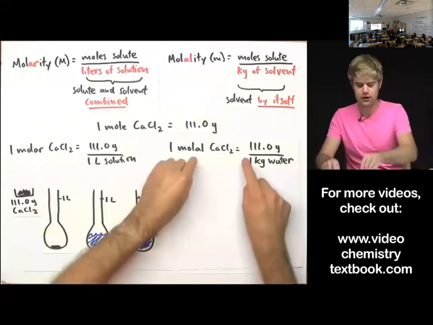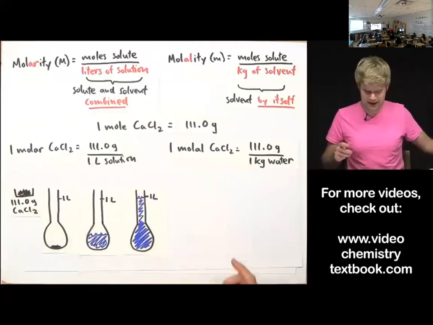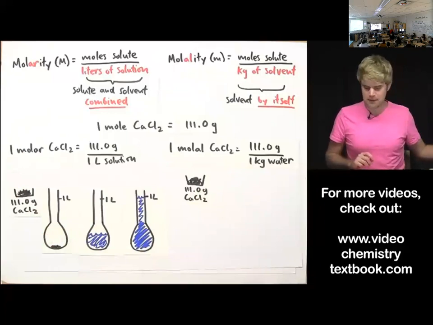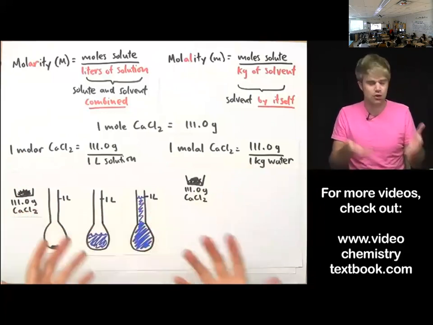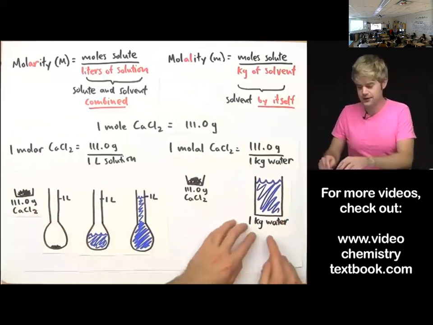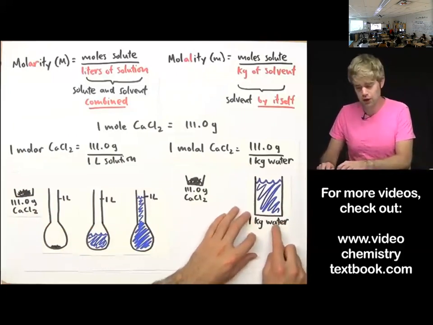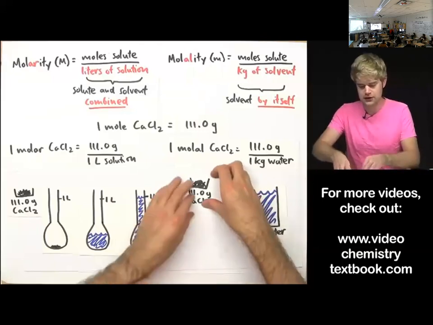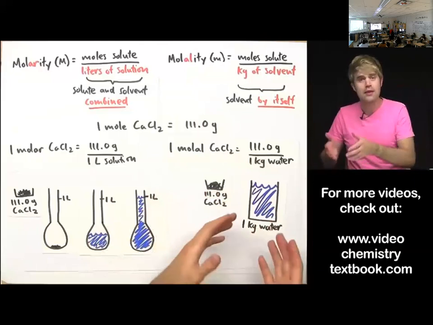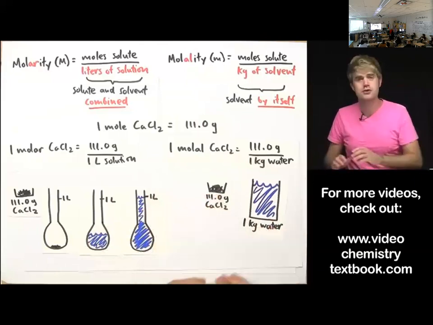Okay, now this is different with molal. In that case, I'll still go to the scale and weigh out 111 grams. But then instead of using a flask or a beaker or anything, I'll just take a container and I'll put that on the scale and I'll weigh out 1 kilogram of water. And then I'll just take the calcium chloride and I'll dump it in the water and I'll mix it together. And there's my 1 molal solution.